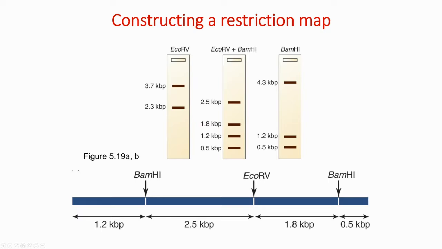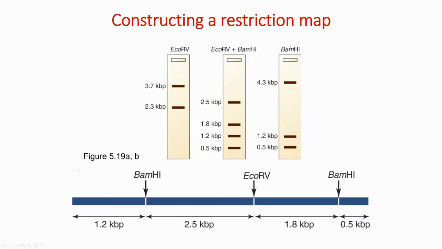Here it's easy: I can see 2.5 and 1.2 make 3.7, so we know these two fragments come from this fragment. And 1.8 and 0.5 make 2.3, so these two are from this fragment. Therefore, we know there will be one cut site of BamHI within this 2.3 kb fragment, and another cut site within the 3.7.